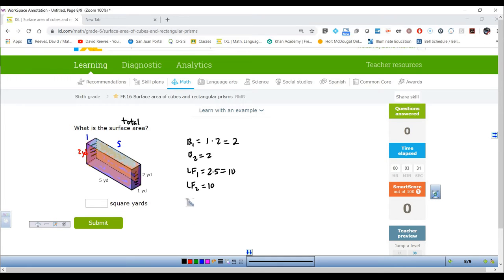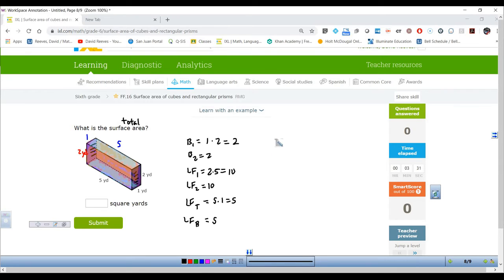So I'm going to call that the lateral face top. That is 5 times 1, which is 5. And then we're going to have the lateral face on the bottom, right? That one down here is going to be the same down there at the bottom. So lateral face bottom is also 5.